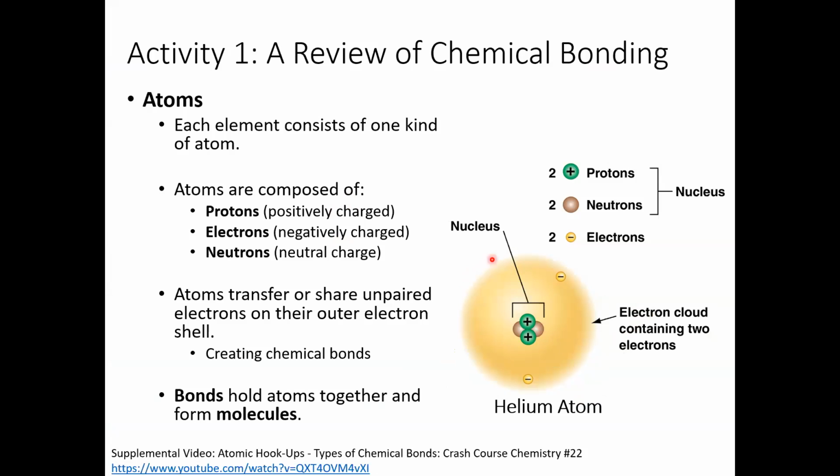Surrounding the nucleus, you will find electrons. Here it is shown in an electron cloud, and you see two electrons that are negatively charged. This is actually how we think of atoms, in these electron clouds. But when we're learning about them, we tend to think of them in orbits or shells.